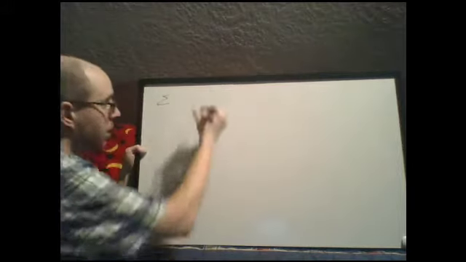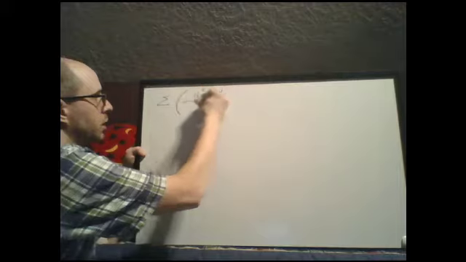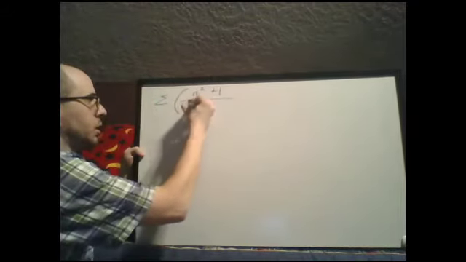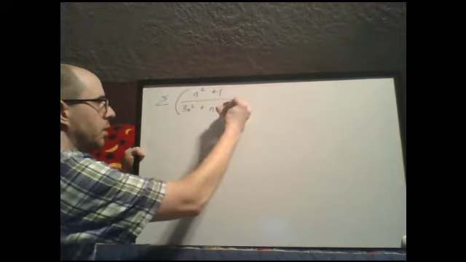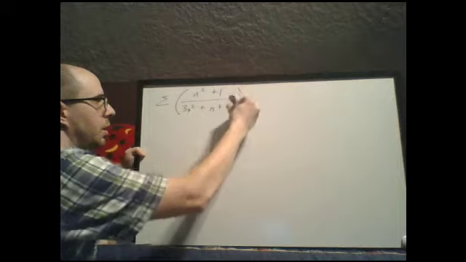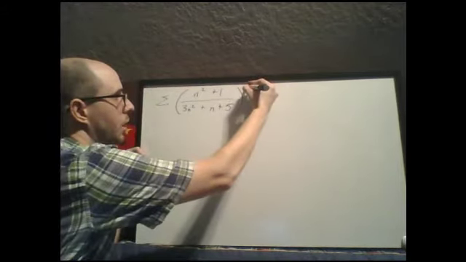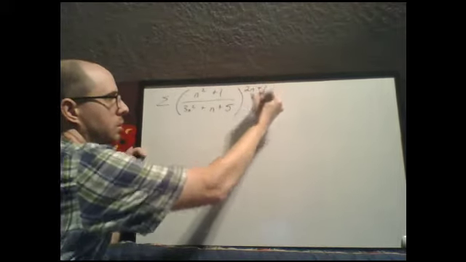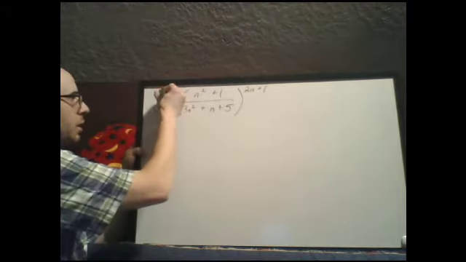So maybe n squared plus 1 divided by 3n squared plus n plus 5, to the power 2n plus 1, as n goes from 0 to infinity.